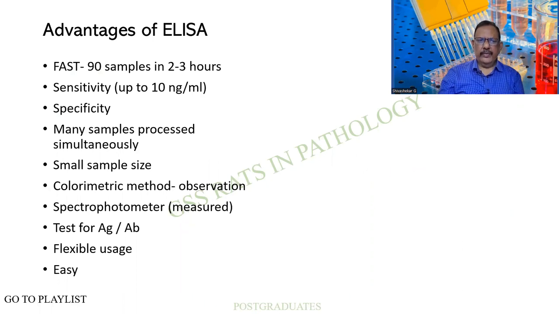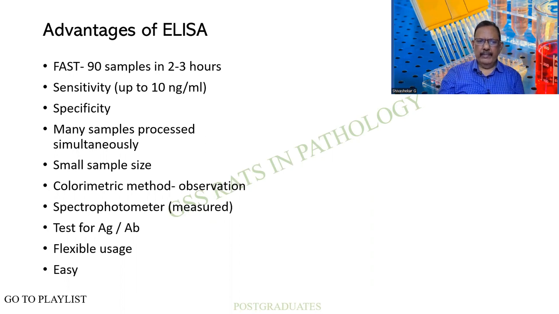What are the advantages of ELISA? It is a fast test. Multiple samples can be run in a few hours. Sensitivity is very high. Even a small quantum can be measured. Specificity is again high. There are specific antibodies. Many samples can be processed simultaneously. I had shown you.